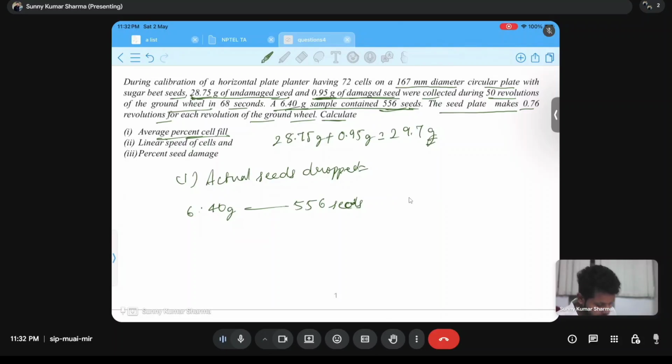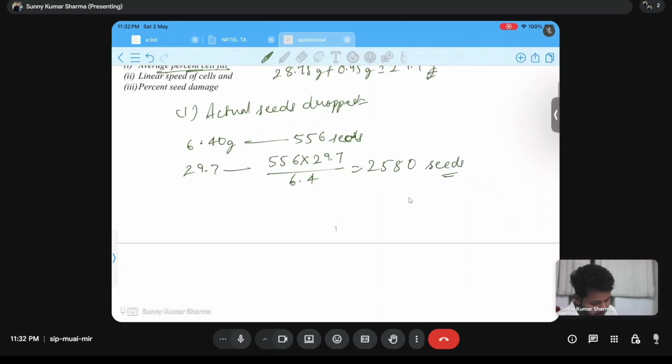So 6.40 gram has 556 seeds, and 29.7 gram will have 556 into 29.7 divided by 6.4, which is approximately 2580 seeds actually dropped.